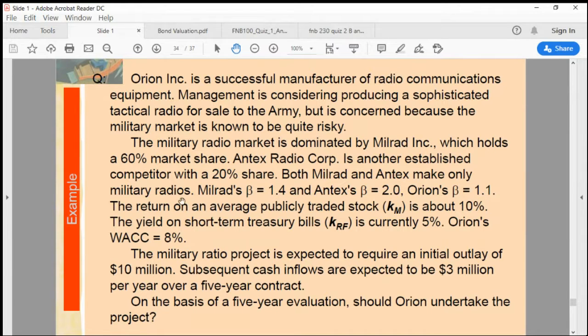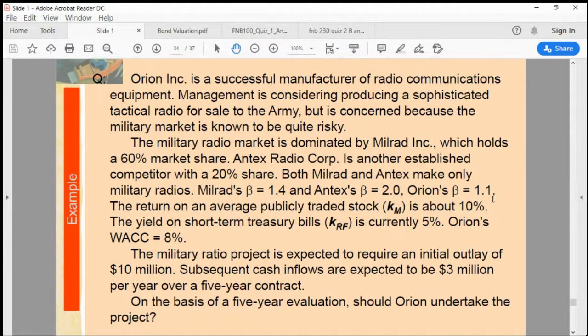Look, Milrad's beta is lower than Antex's because Milrad is a bigger company with bigger market share. So their returns volatility is much lower, less risky. Antex is a smaller firm, so they are riskier and their beta is higher.